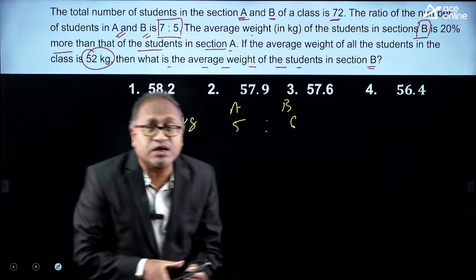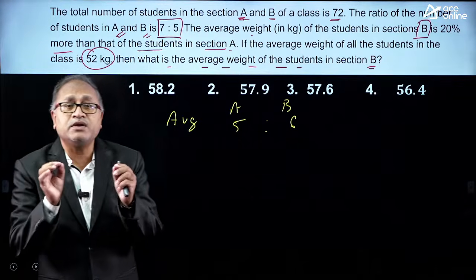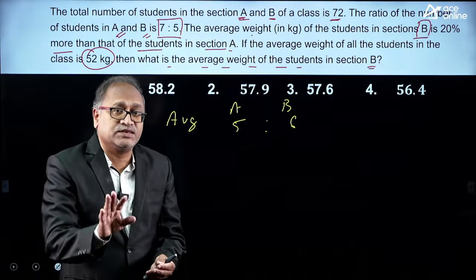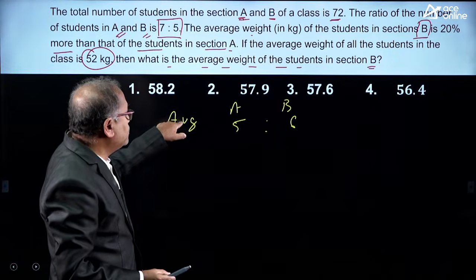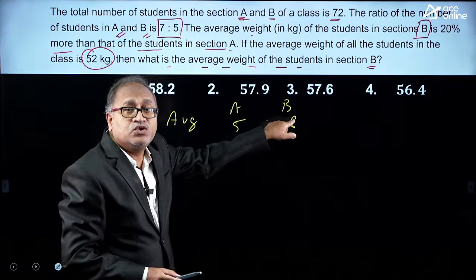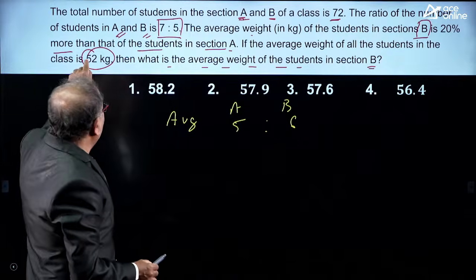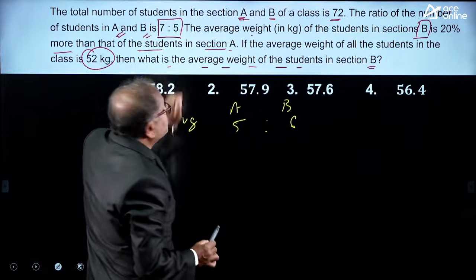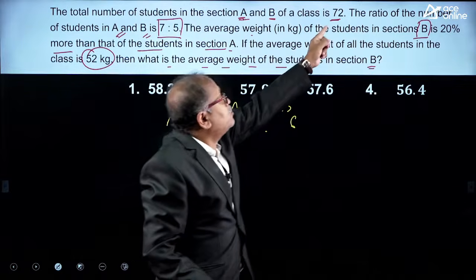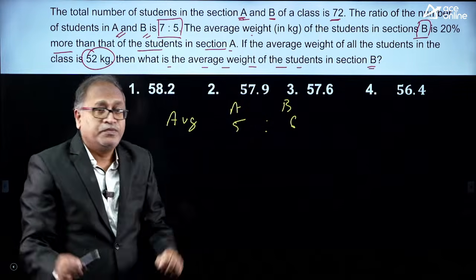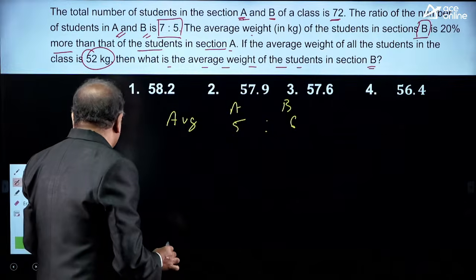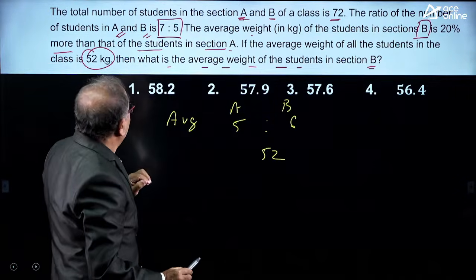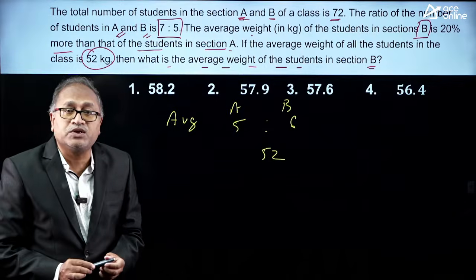Okay, the time is up, and see, I am bringing the questions very close to what comes in the examination. Now, the ratio of the averages is 5:6, the overall average I know, and the students' ratio I know, 7:5. So I will not touch this 72. This is the 52 overall average, and I will be using the alligation mixture method.